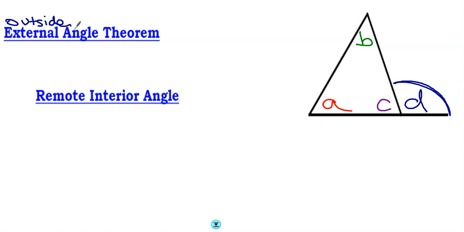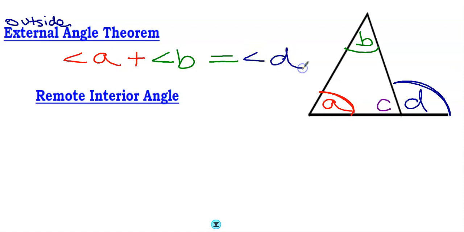Okay, so talking about the relationship of the ones that are opposite of angle D. So we have angle A plus angle B equals angle D. Okay, so these internal angles equal the outside angle.